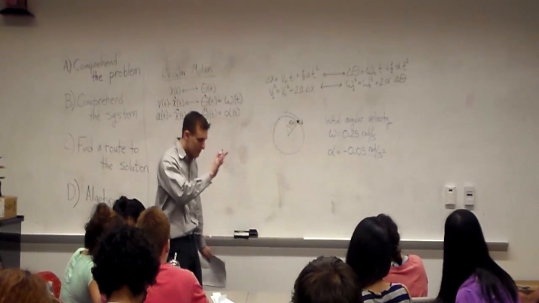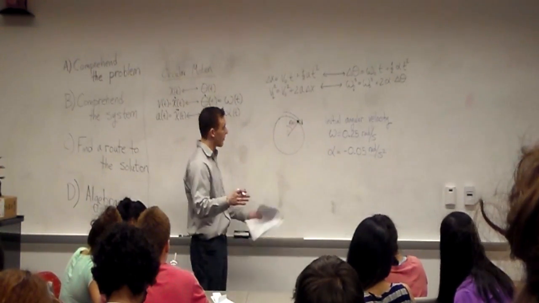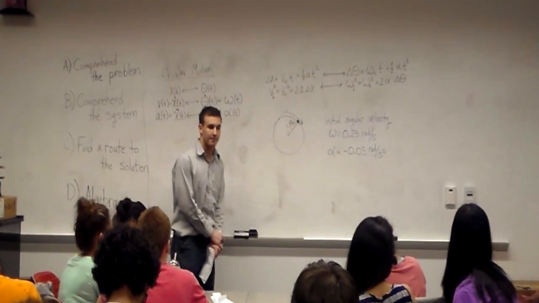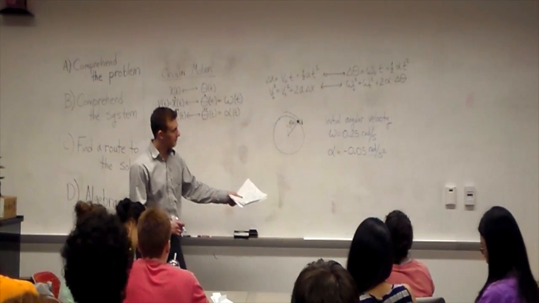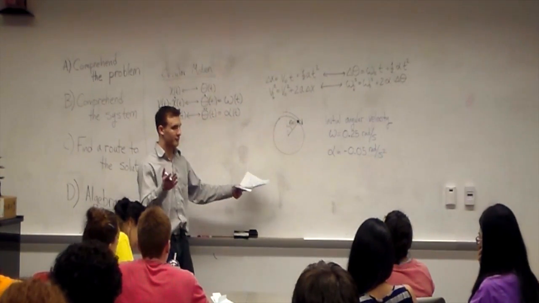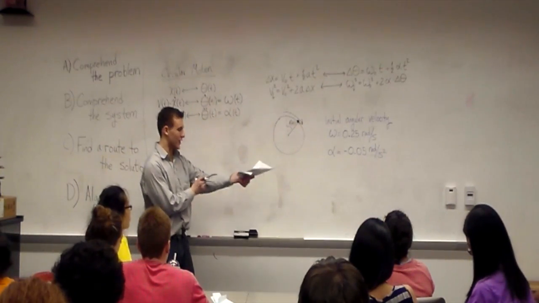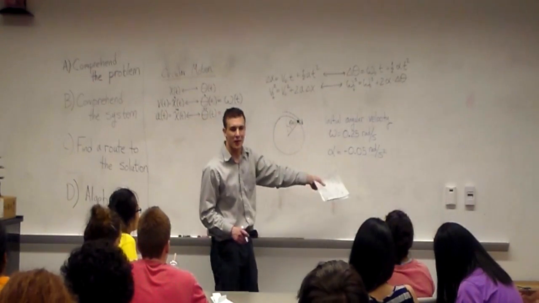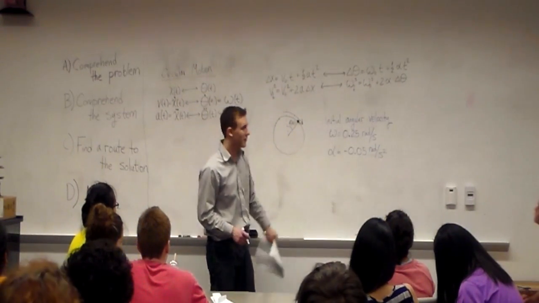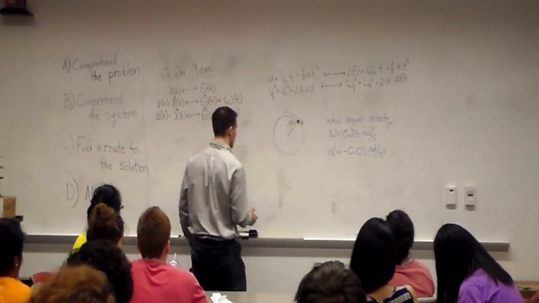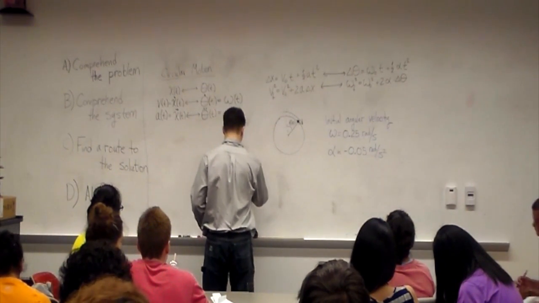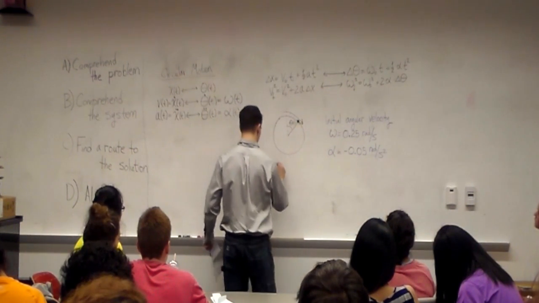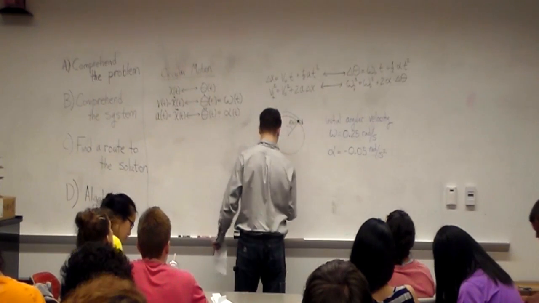So how long does it take me, putting my hand on the thing, to slow it down from 0.25 radians per second to 0? So what do you think? Hazard a guess. 5 seconds, right? After 1 second, it's gone down by 0.05. After 2, 0.1, 0.15, 0.2. A more concrete way to say it would be omega final is equal to omega naught plus alpha times t.